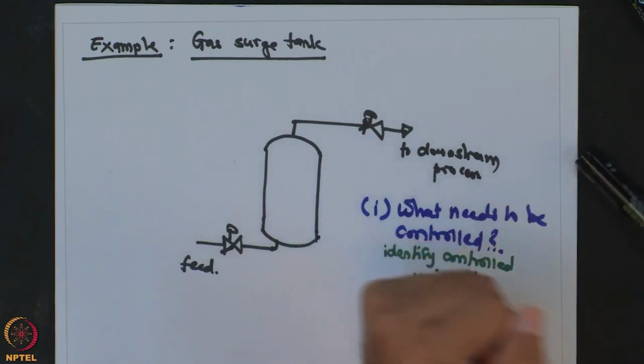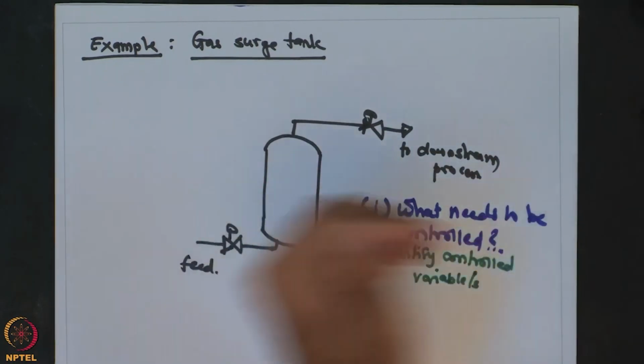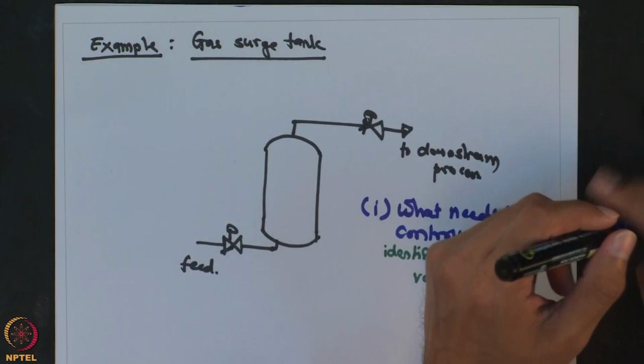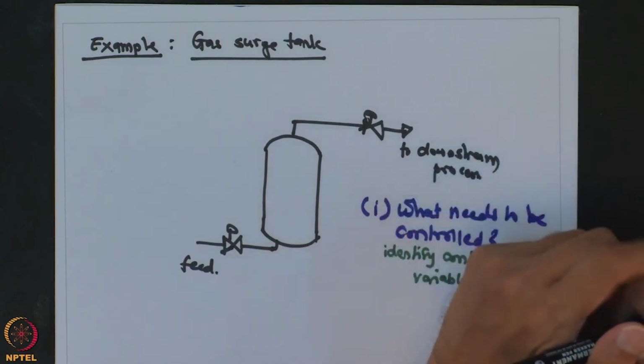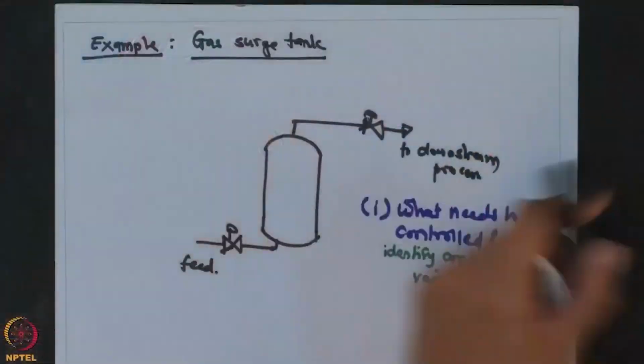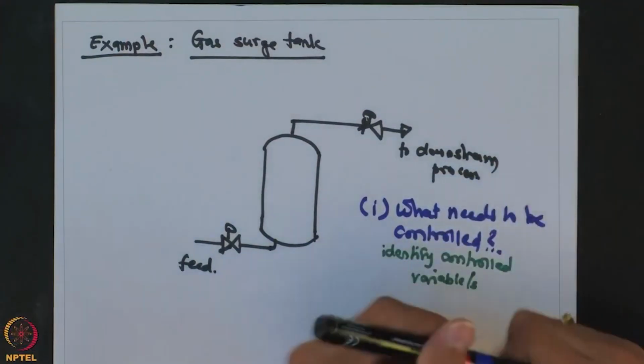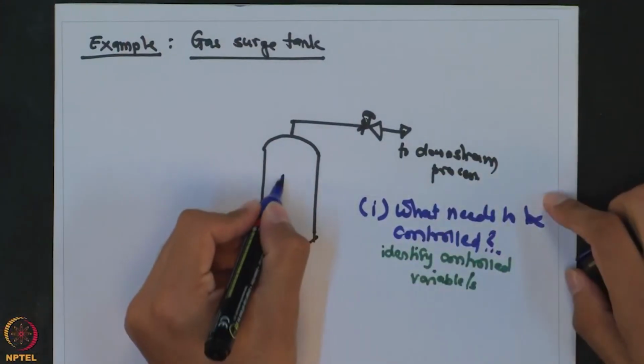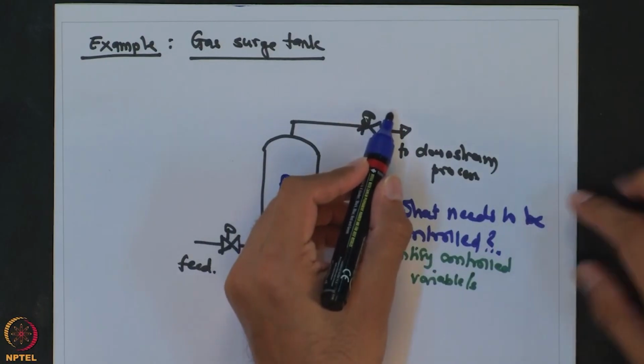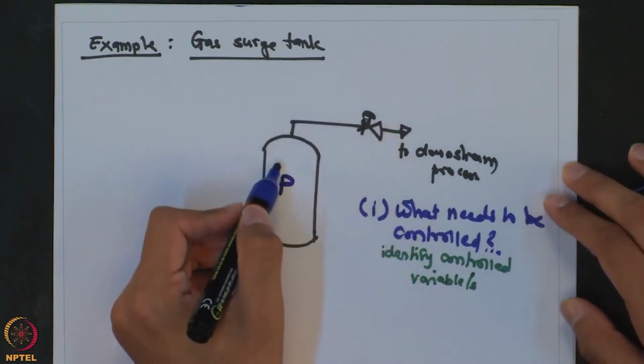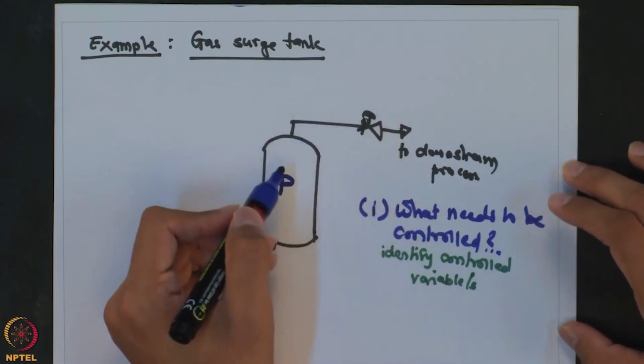For this particular system, we know that it is a surge tank. The reason why we have kept this tank is to maintain a certain pressure of gas which is going to go to the downstream process unit. So, the control variable in such a tank is typically the pressure of the stream which leaves this tank, which is more or less the same as the pressure inside this tank.